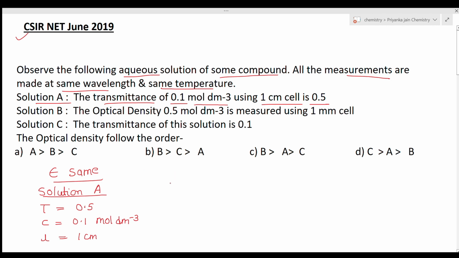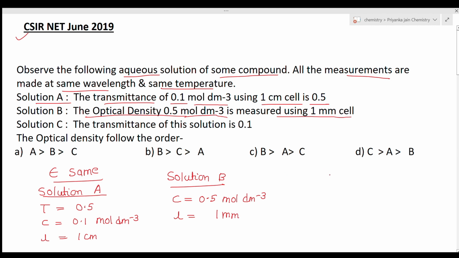Now see the second solution, solution B. For this solution, the concentration is 0.5 mole per decimeter cube, measured using a 1 millimeter cell. So we have been given the concentration and the length, 1 mm, and the optical density we have to find out.